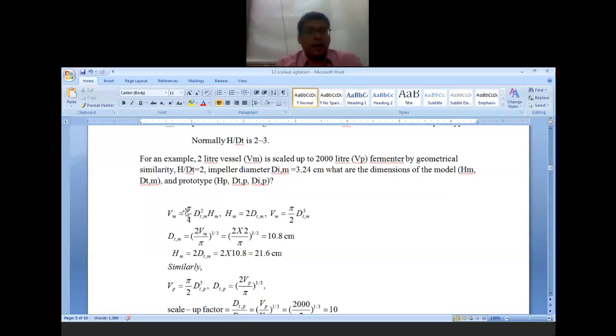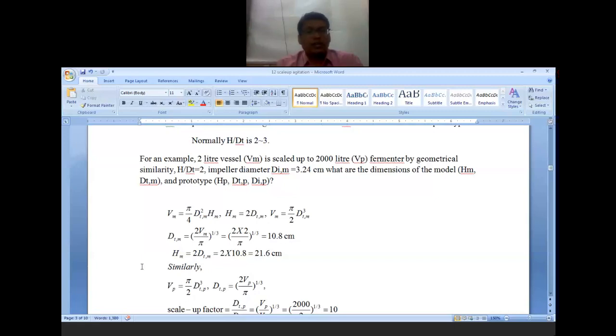So volume is pi by 4 d square into h, where h in this case is 2 times the tank diameter. So V will be equal to pi by 2 dt cube for the model. So simplifying, substituting the volume Vm as 2, you get dTm, which is equal to 10.8 centimeter.